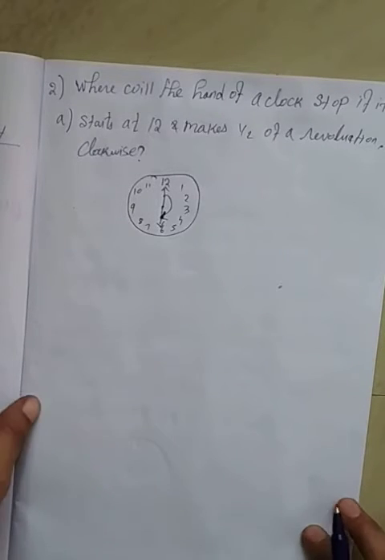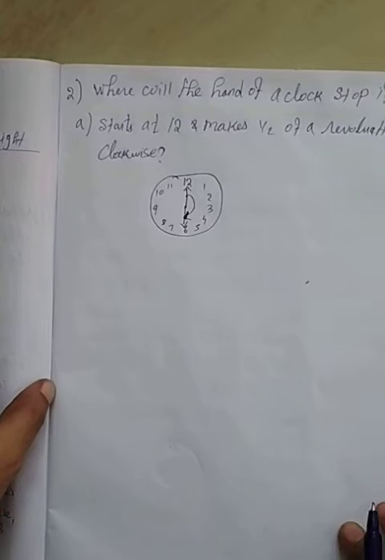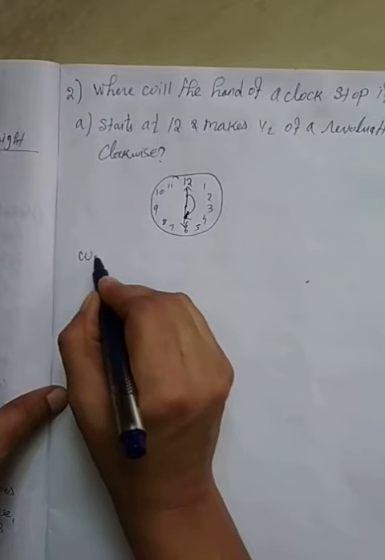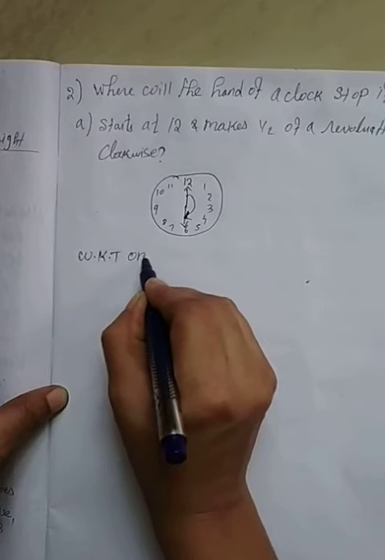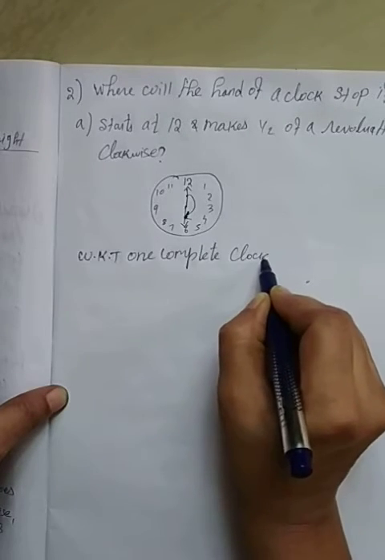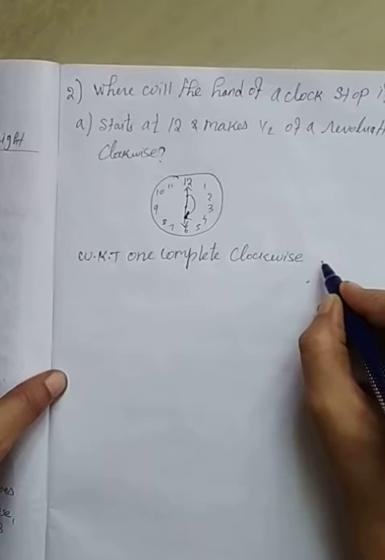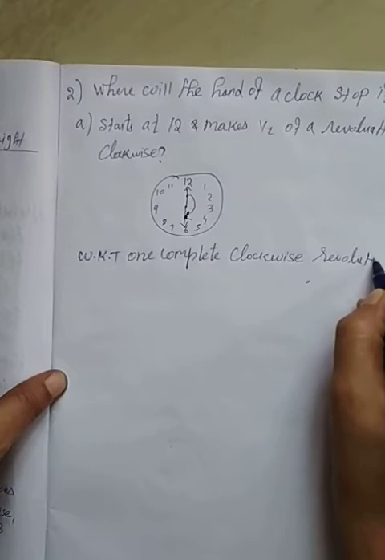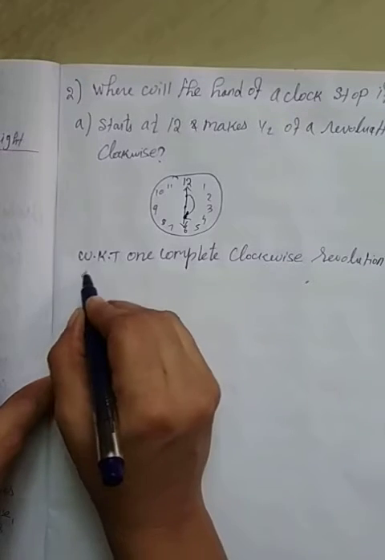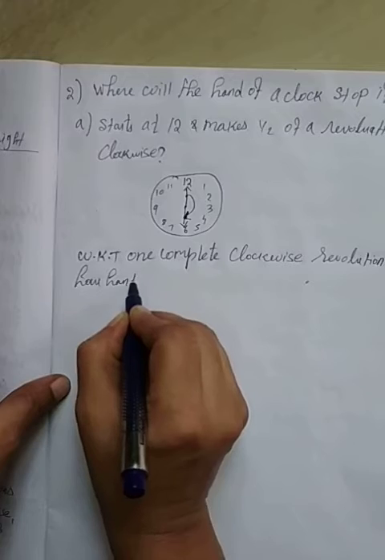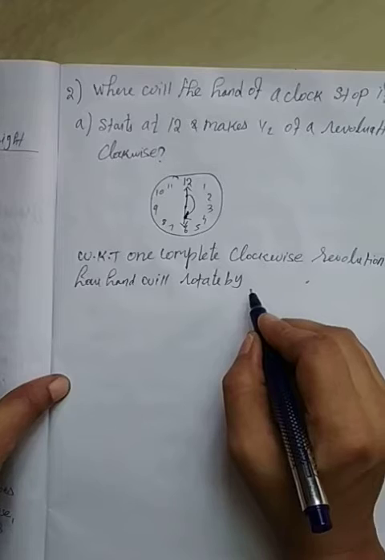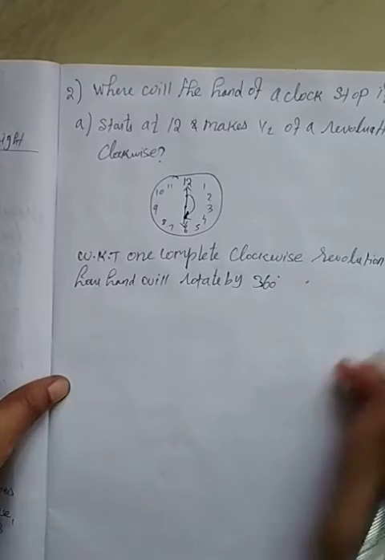You have to write the solution like this. We know that one complete clockwise revolution, our hand will rotate by 360 degrees.